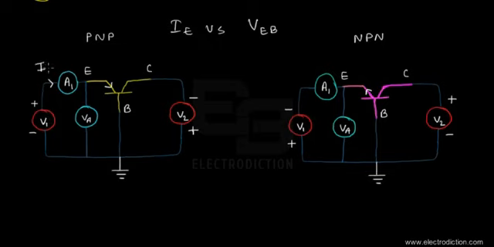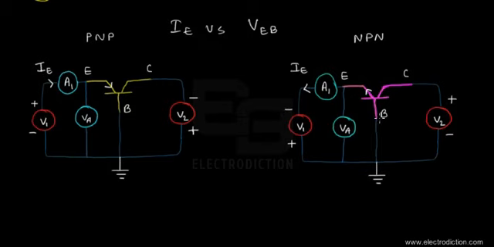So I'll just write this one over here as IE. This arrow mark represents the direction of the emitter current into the PNP type BJT. Well, in the case of the NPN type BJT, this direction would be just reversed. So here we have our emitter current in case of the NPN type of BJT device.